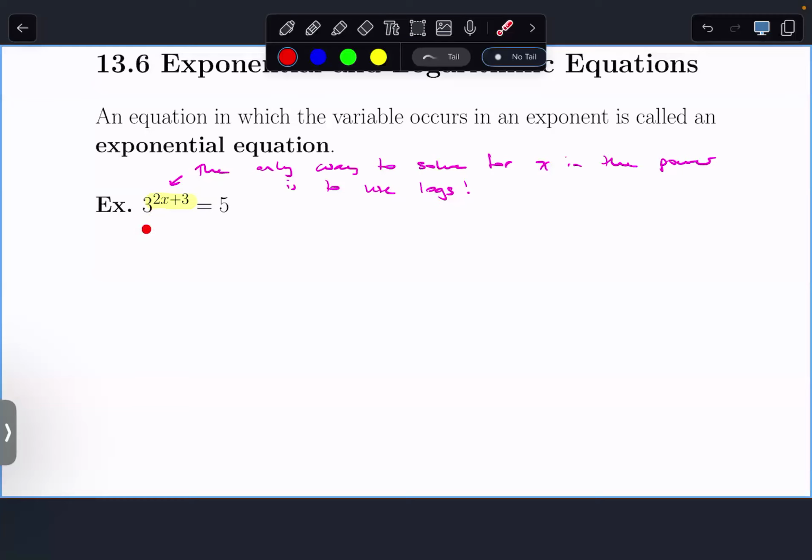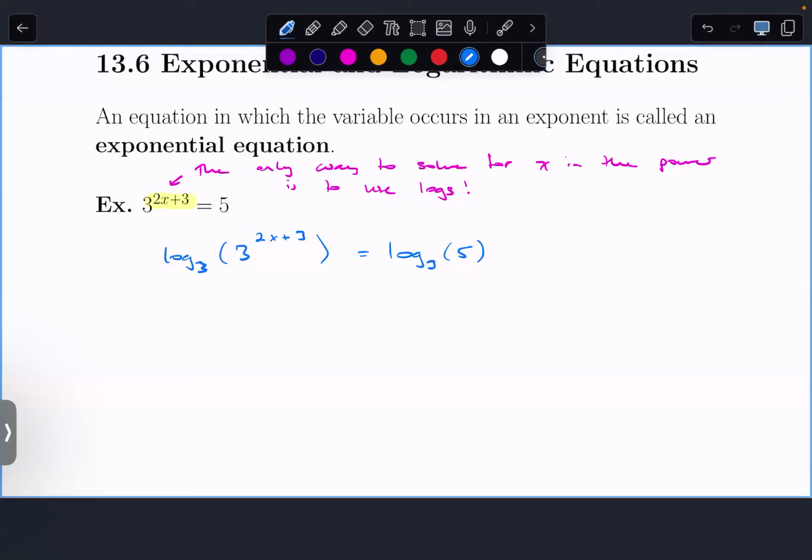If I use log base 3 around this thing, I would get log base 3 of 3 to the 2x plus 3 is equal to, don't forget, log base 3 of 5, because if you're doing it to one side, you have to do it to the other side. Otherwise, you lose that equality.